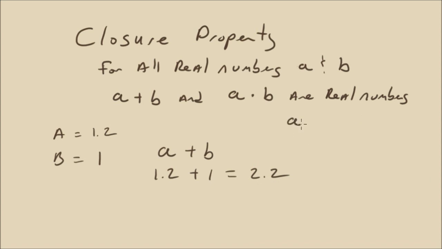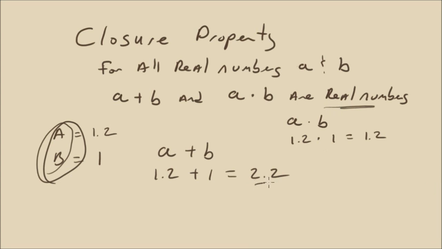If we do a times b, that's going to be 1.2 times 1, which is going to equal 1.2. In any case, whatever we do here, as long as these are real numbers to start with, they're going to be real numbers when we're done.